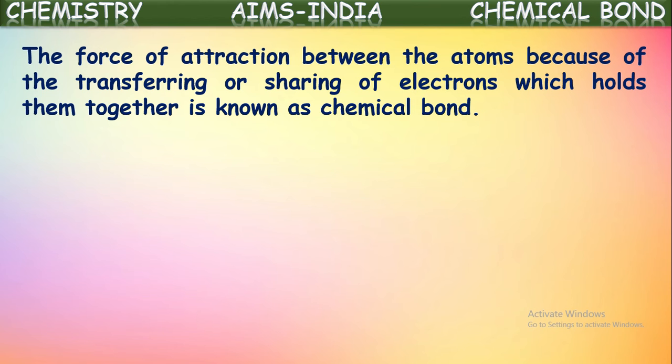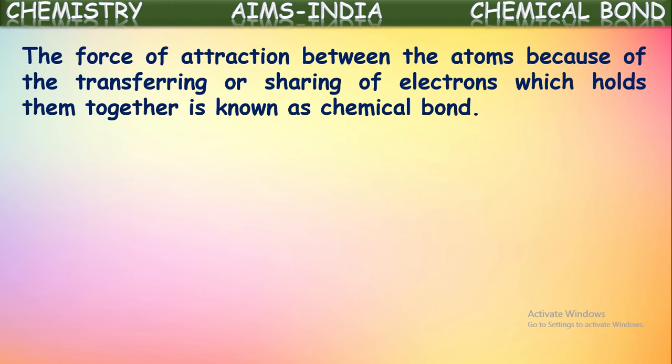As we told, these atoms do not have octet or duplet and hence they are unstable. So in trying to become stable, they will try to attain stable electronic configuration, that is duplet or octet. In the process, some atoms lose electrons, some gain electrons, and some other elements share electrons with other atoms.